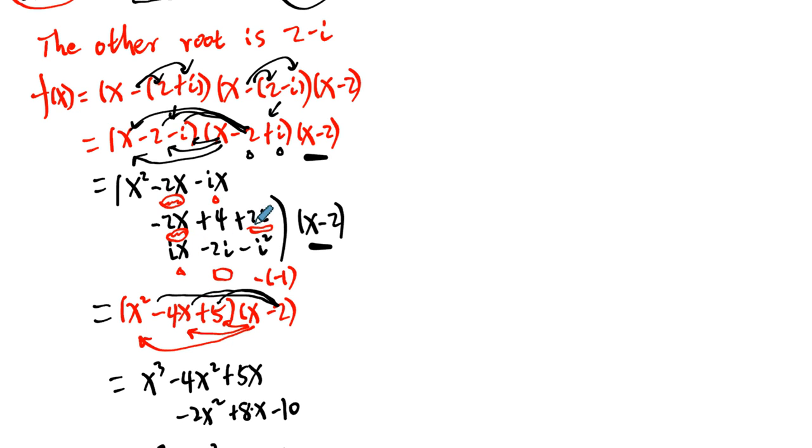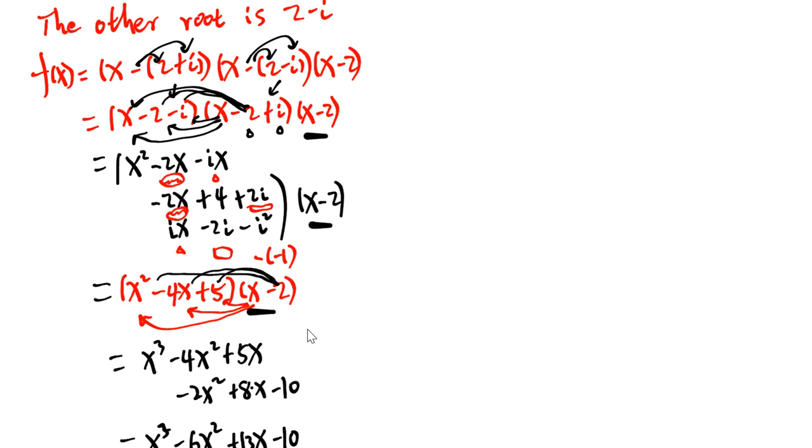And then you have a positive 2i, negative 2i, they will be cancelled. Remember, I squared is negative 1, we said before, and you have a negative in front of it. So it comes to be negative, negative 1, which is positive 1, plus 4, you end up with 5. And here you still have x minus 2.